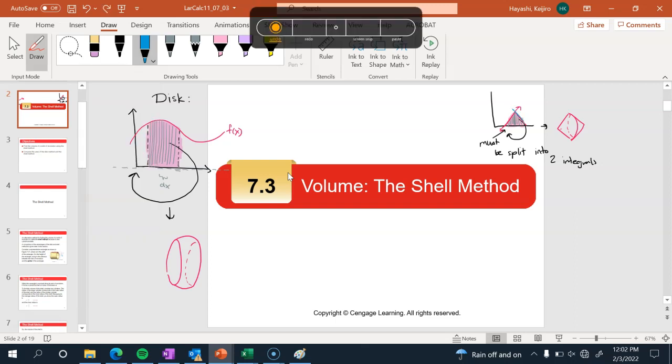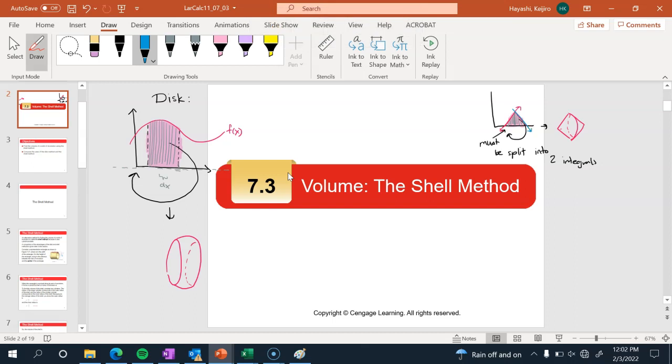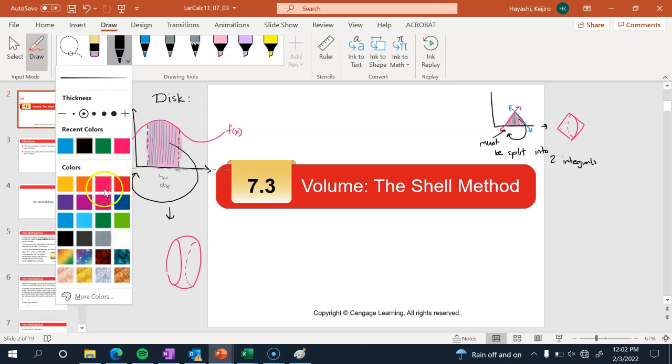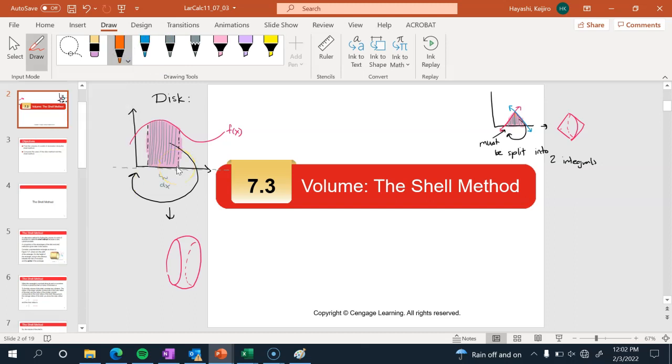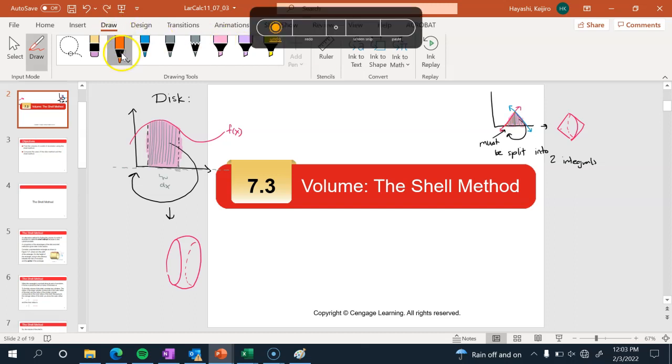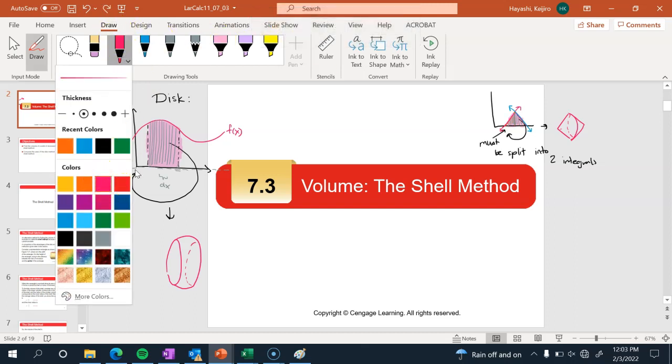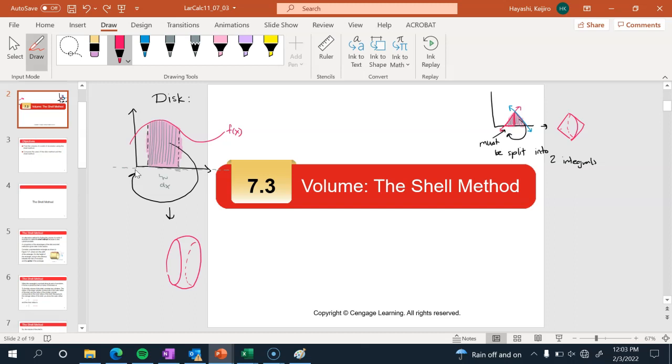And so you can't do that with one integral. You would have to split up the integral right along here. So you basically have to do one integral for the left portion and another integral for the right portion.